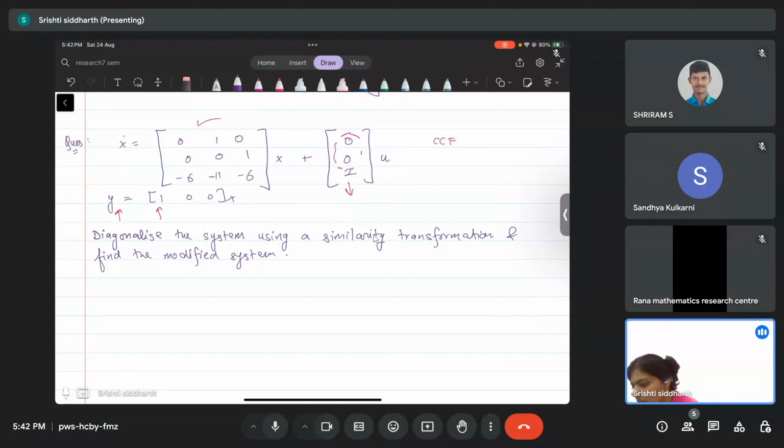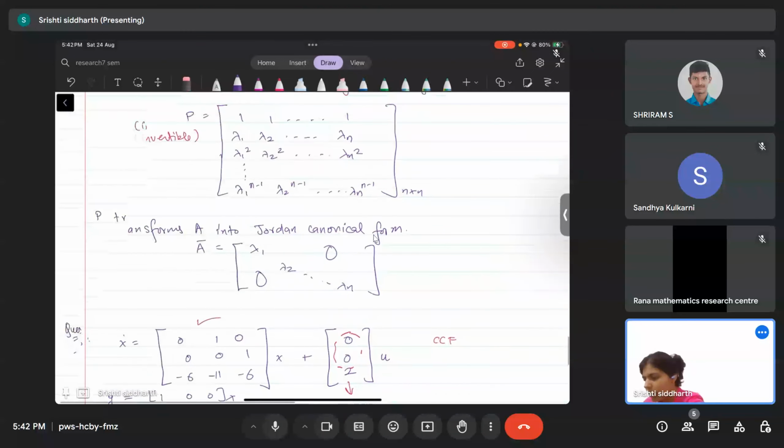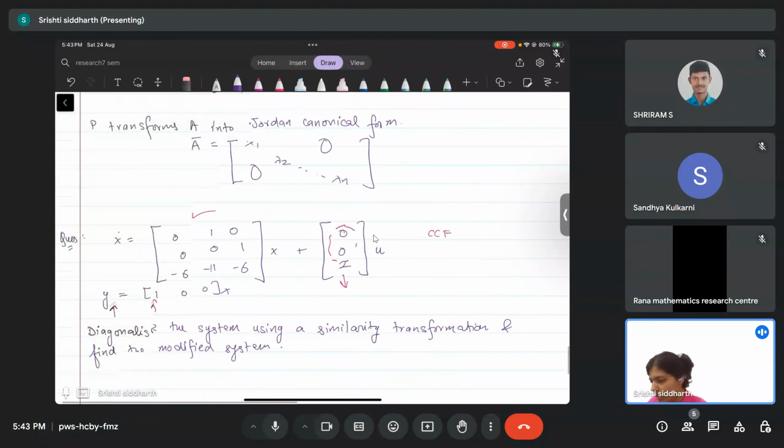For this we just have to compute the eigenvalues and then we can arrange them like this, right? Alright, so let's compute.